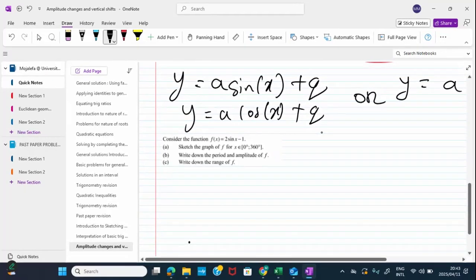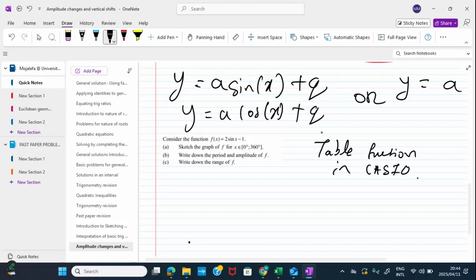A calculator itself gives you all the points that you must sketch. We use the table function in the Casio calculator. I don't know about other calculators. I only use Casio. A good math learner uses Casio.